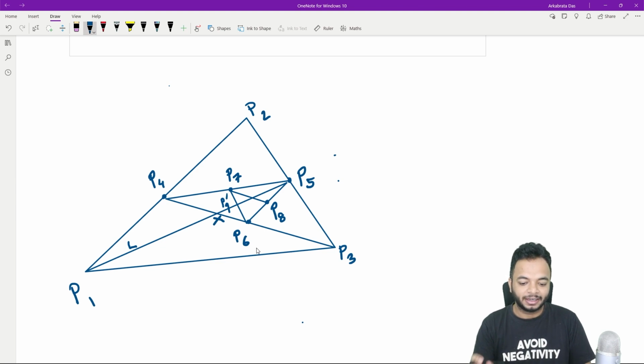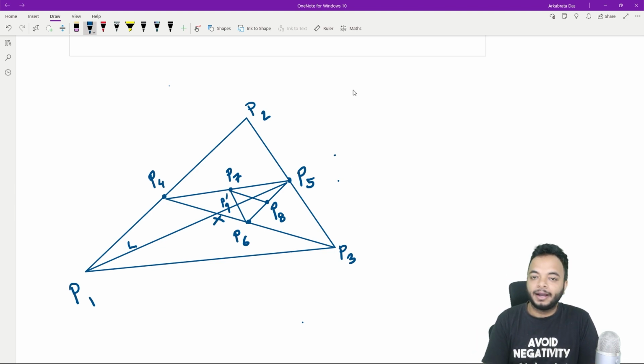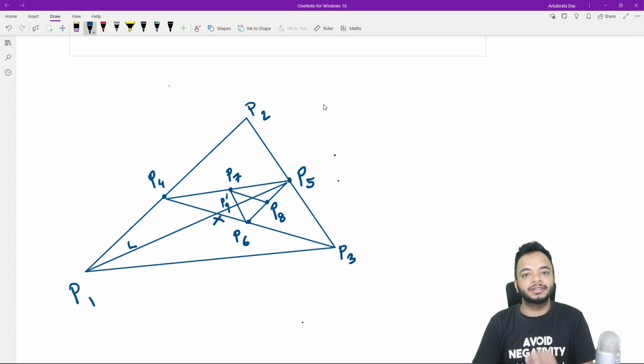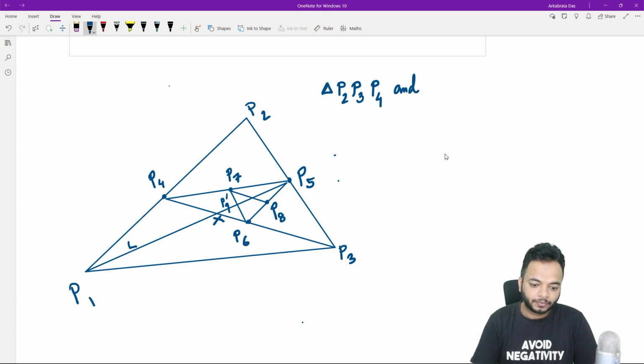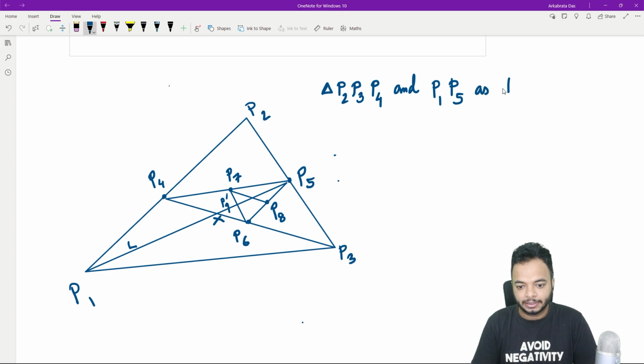Okay, so now first what I'll do, as I told, I'll use Menelaus theorem. So that means I need a triangle and a transversal. So first the triangle would be triangle P2, P3, P4, and the transversal would be P1, P5.